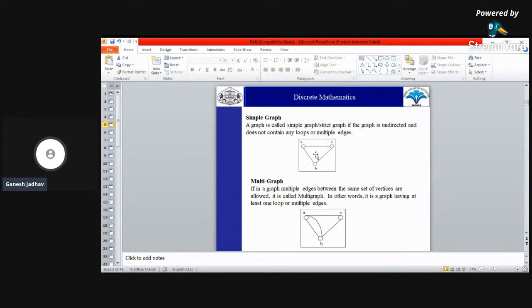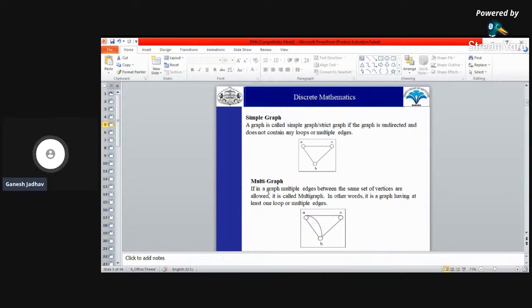So here there is no direction, for example from A to C. And there are no multiple edges, and no loop such as C to C. So this is the simple one. So we say that this is a simple graph.